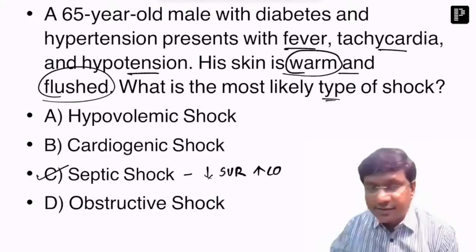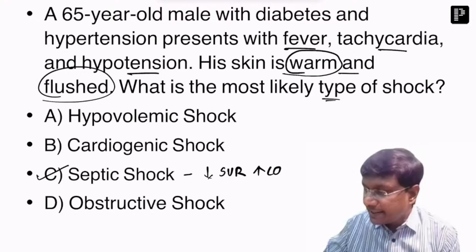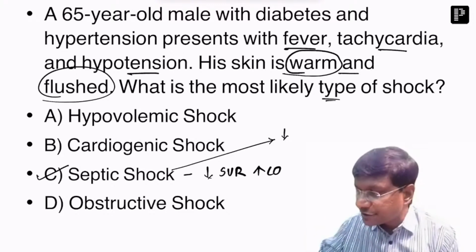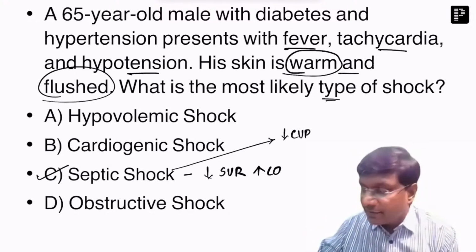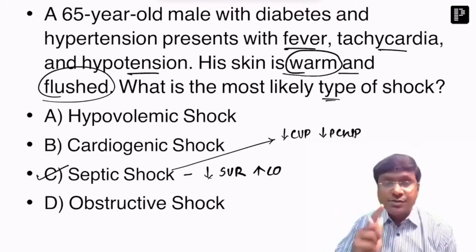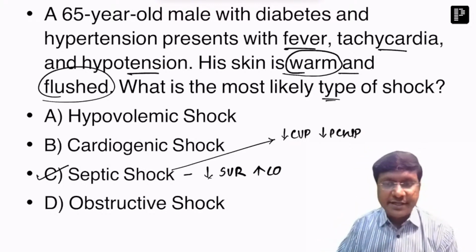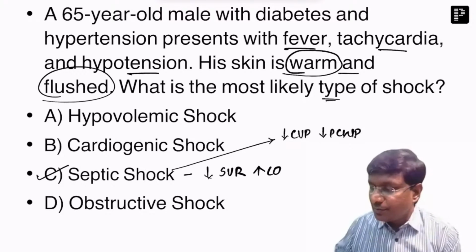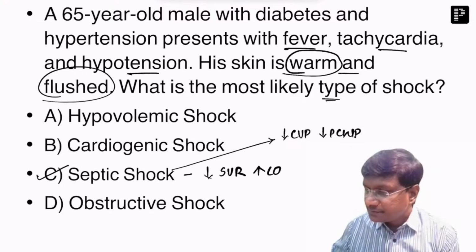And there will be an increase in the cardiac output. And there will be a decrease in the central venous pressure. And there will be a decrease in the pulmonary capillary wedge pressure. Okay, so that is the picture that you will observe in case of septic shock, right? Now, we'll move on to the next question.